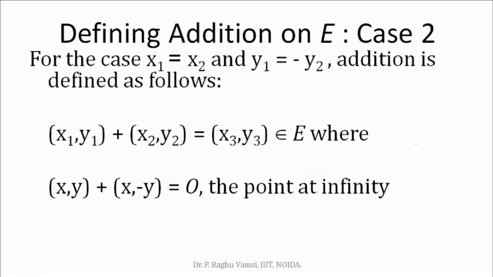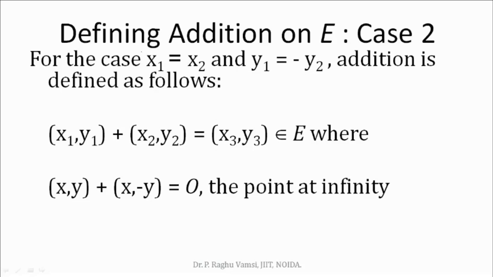Now, coming to case 2, case 2 is x1 is equal to x2 and y1 is equal to minus y2. If this is there, then x1 comma y1 plus x2 comma y2 is equal to x3 comma y3 belongs to E, and the case is like this: x1 is equal to x2 and y1 is equal to minus y2. Here solutions are not possible.